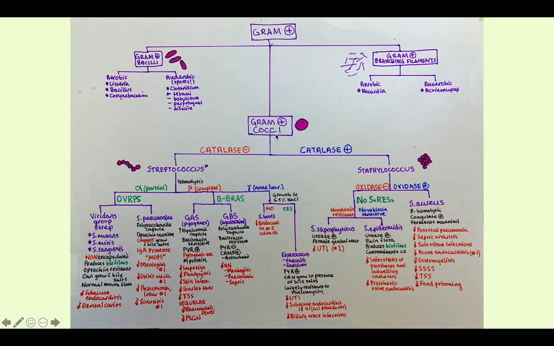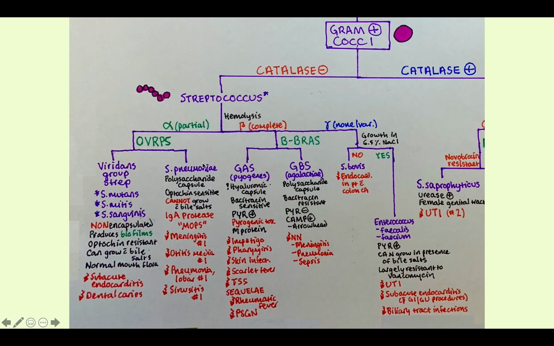We're going to talk about the cocci here, and in particular, everything that is not catalase positive. Remember, catalase positive, synonymous with staph, catalase negative, synonymous with strep. Okay, so narrowing it down to our streptococci. Streptococci form chains. Staphylococci form clusters.